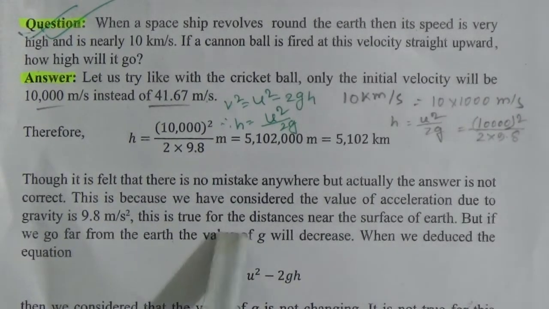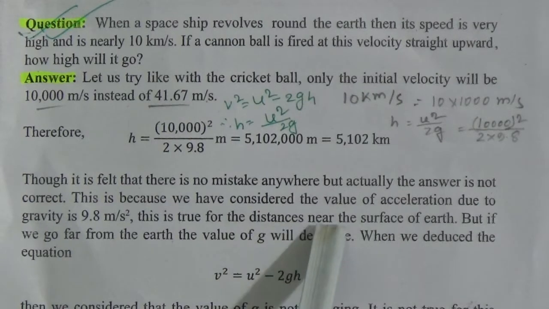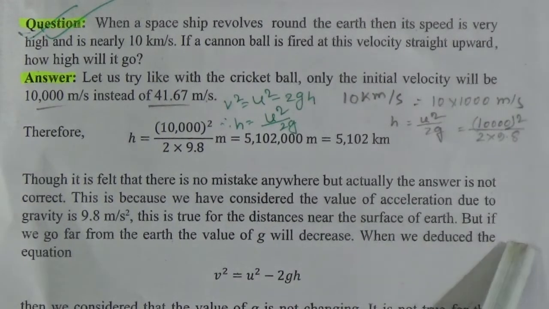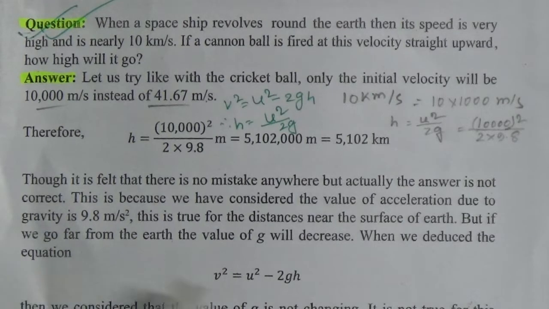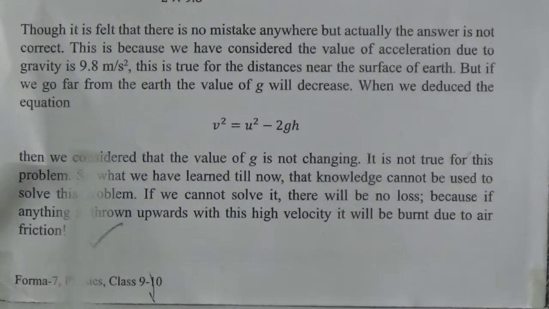This is true for distances near the surface of Earth, but if we go far from the Earth, the value of g will decrease. When we reduced the equation v square equal to u square minus 2gh, we considered that the value of g is not changing. It is not true for this problem.